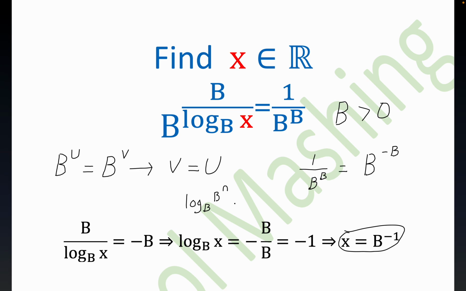Since these are inverse functions, the answer to this is just n, okay? And so you can see your n is just -1 in this particular case, because we have log base b of x equals -1. So x does have to equal b to the minus 1 for that to happen, okay? So x is just b to the minus 1. That's equal to 1 over b.